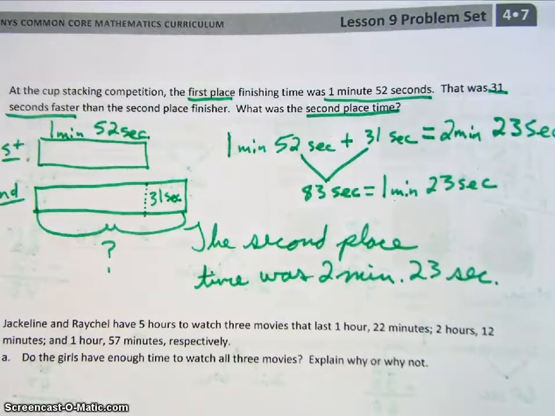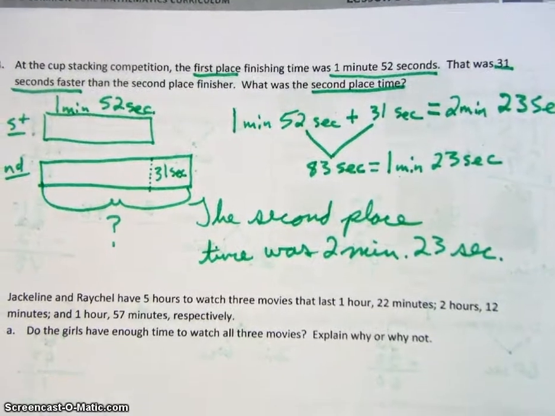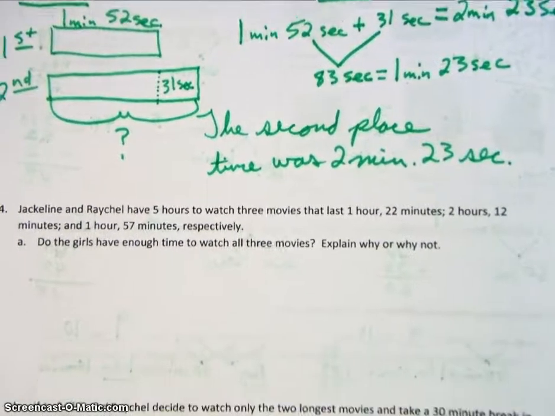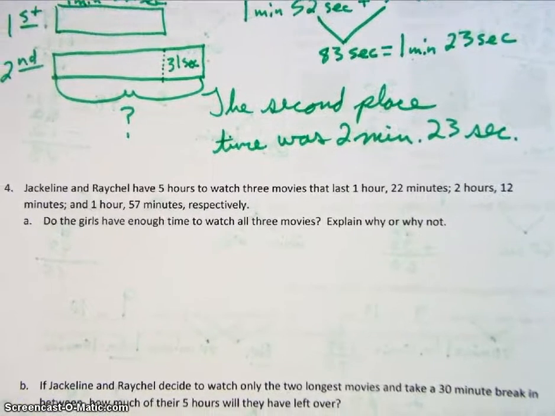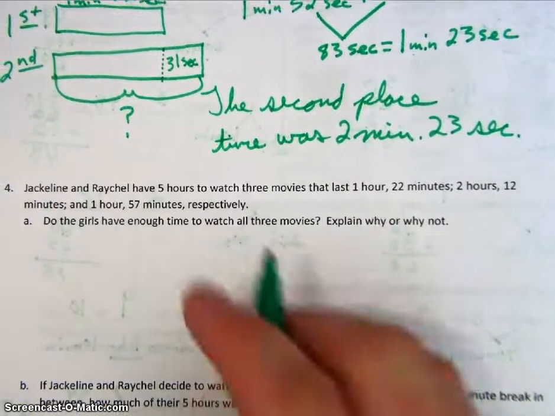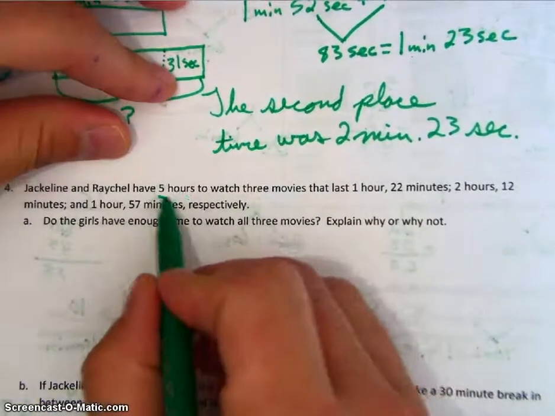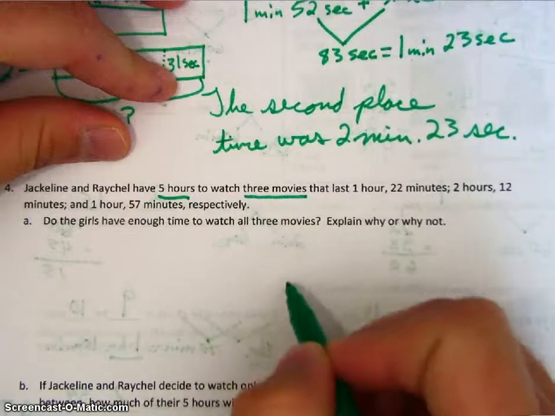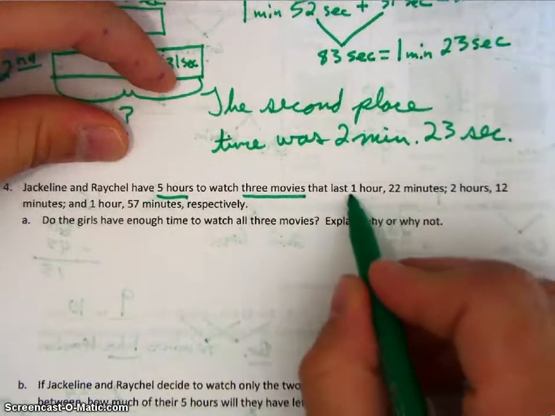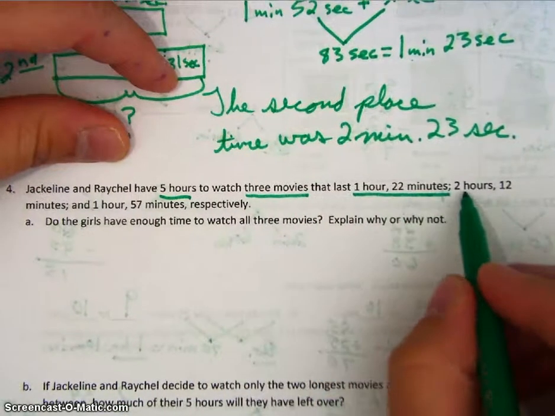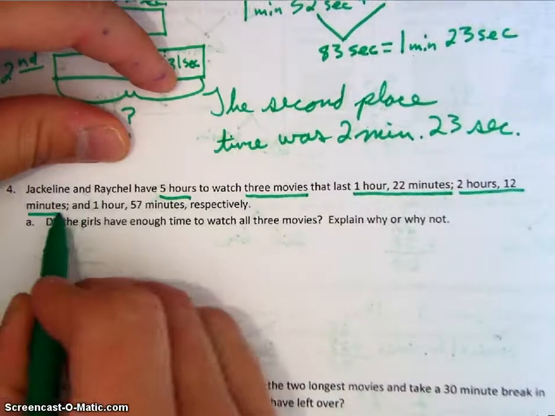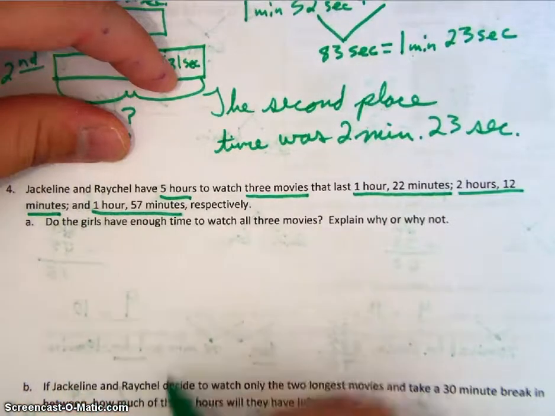All right, so moving on now to number 4. Jacqueline and Rachel have 5 hours to watch 3 movies that last 1 hour 22 minutes, 2 hours 12 minutes, and 1 hour 57 minutes respectively.